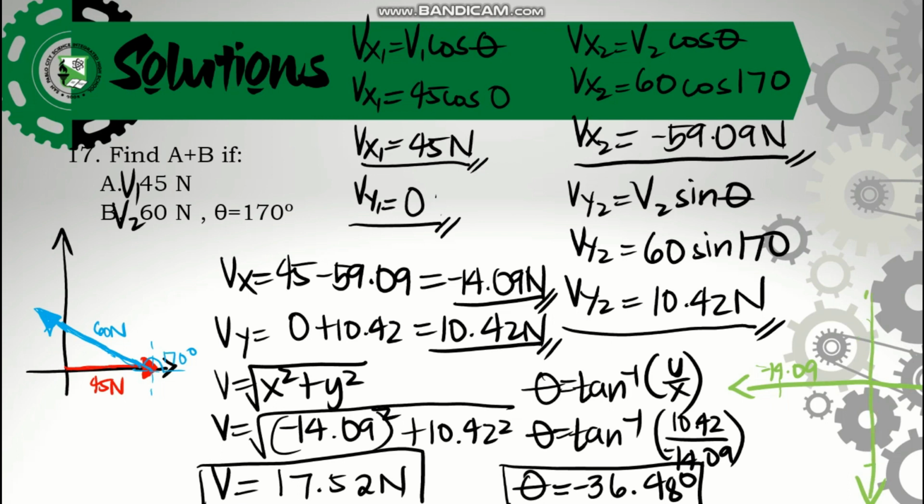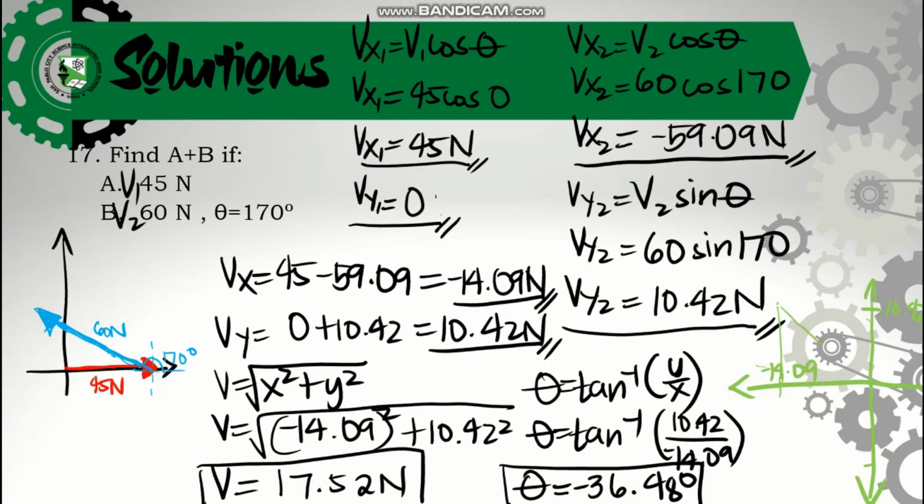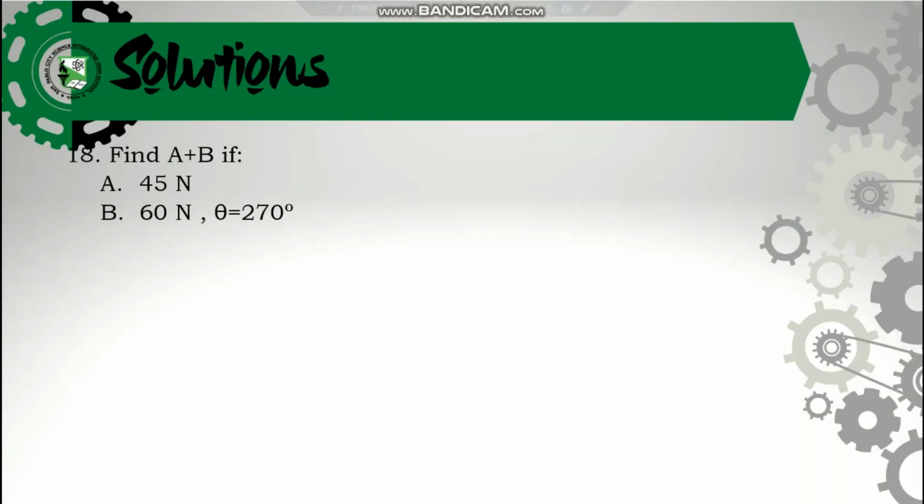Kunin mo lang siya kung nasan siya, kung saan coordinates yan or saan quadrant. Ipa-plot nyo. And then as you can see, just connect the resultant vector. And then yun yung magiging angle, negative 36.48. Kasi from the negative x-axis, makikita mo na clockwise yung naging rotation. That's why siya ay negative.